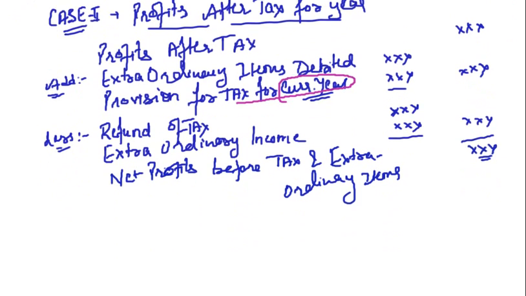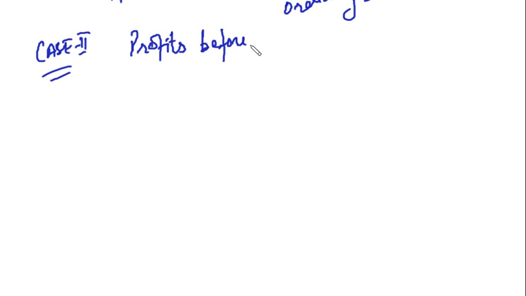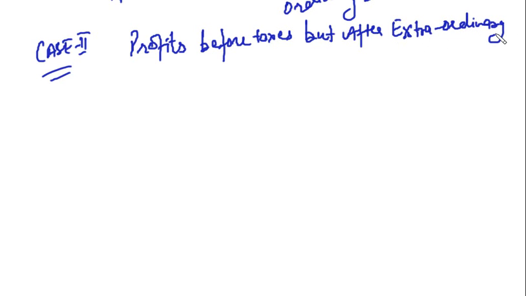So the second case, case 2, is profits before taxes but after extraordinary items are given.